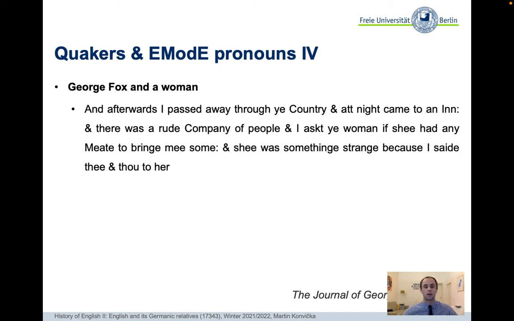Right. And what we have from George Fox is not only this pamphlet against using the pronouns, but also his journals. So he wrote a journal, and he wrote the following passage when he met a woman: And afterwards I passed away through the country, and at night came to an inn, and there was a rude company of people, and I asked the woman if she had any meat to bring me some.